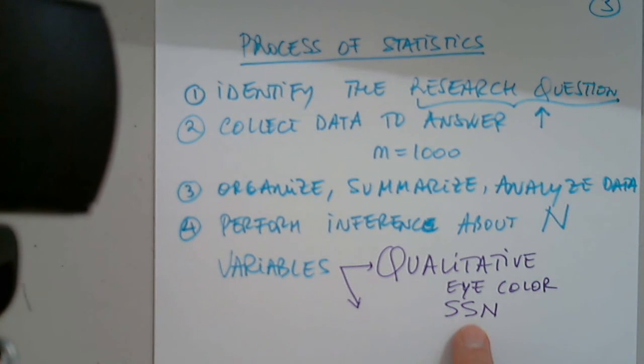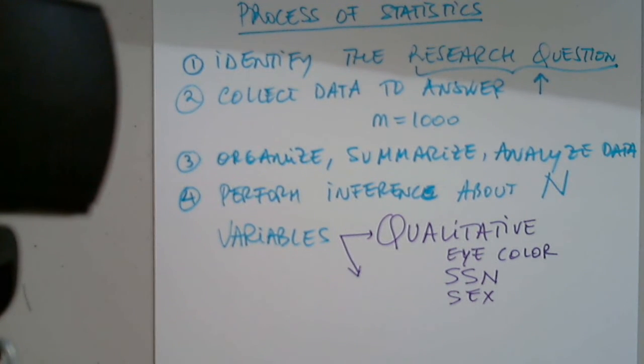We cannot perform calculations with eye color. We cannot perform calculations with the Social Security number. What else? Give me another example. Sex. We cannot calculate male, female. We cannot calculate anything with that.